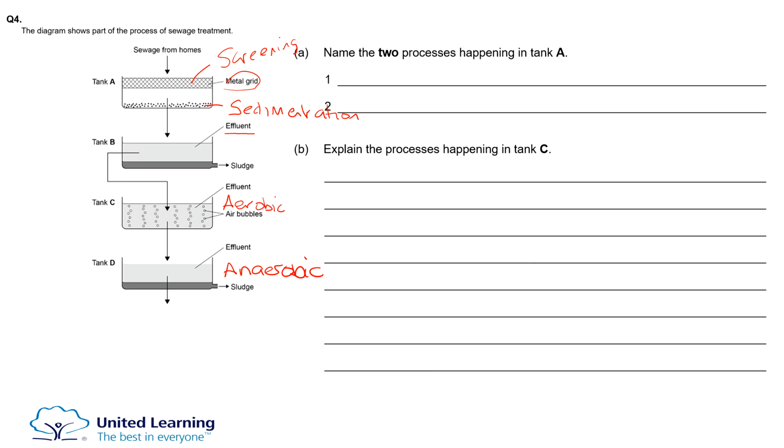Well, you've already established that the effluent is undergoing biological treatment, and if you remember that with oxygen it's aerobic, so you've got oxygen that is being used for aerobic respiration.